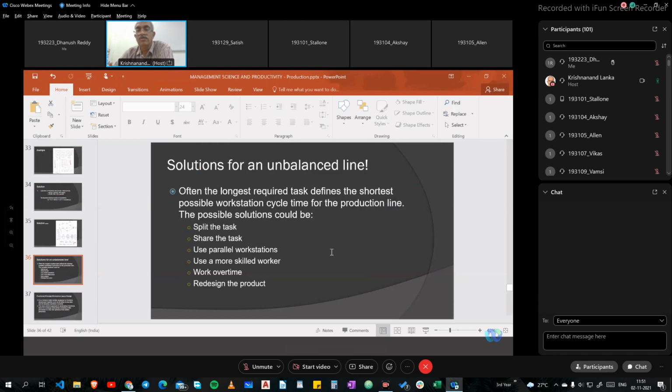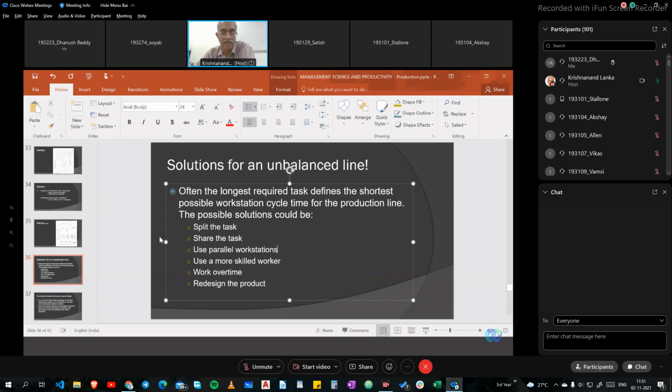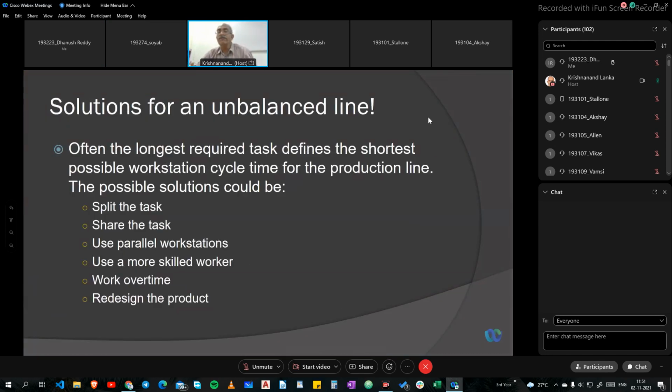So here what we are seeing is, as this statement says, often the longest required task defines the shortest possible workstation cycle time for the production line.